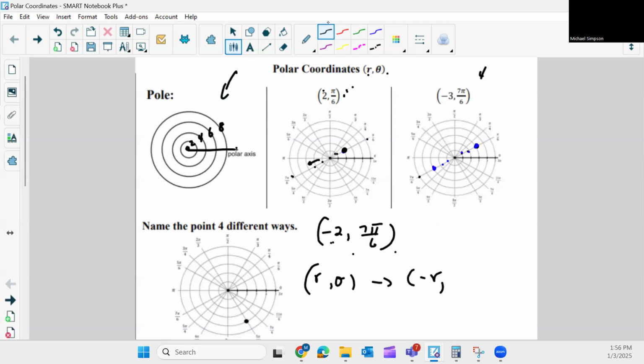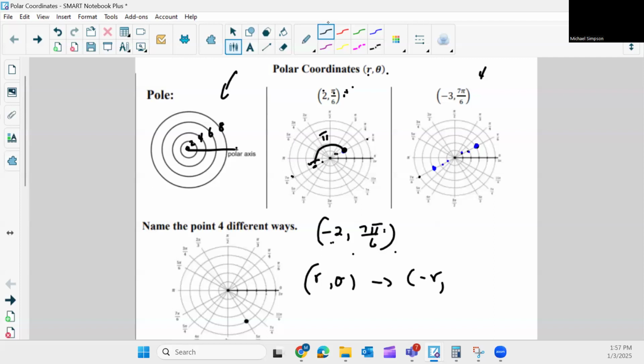Now, pi/6 and 7pi/6: what's the difference between these 2 angles? They're along the same line, and the difference is pi.